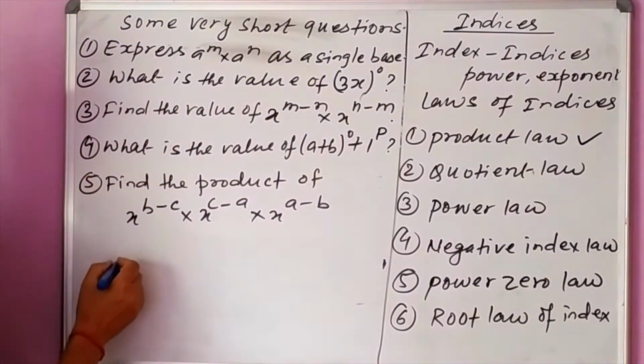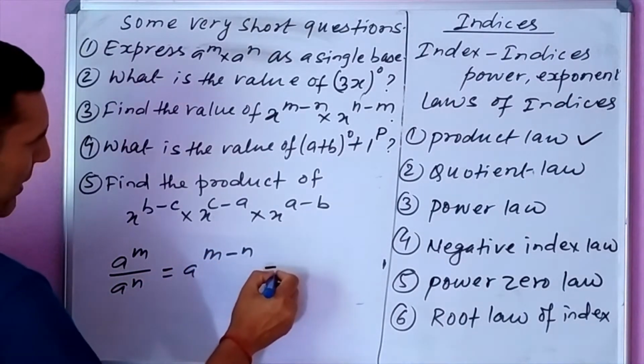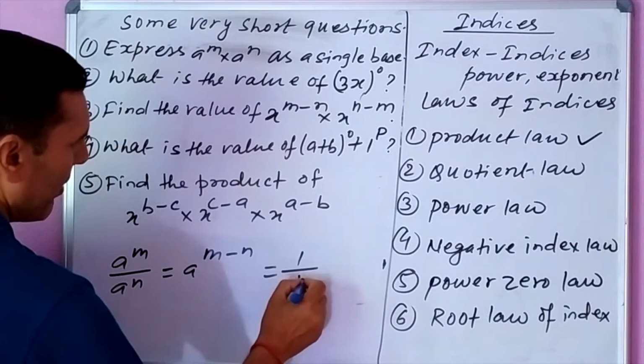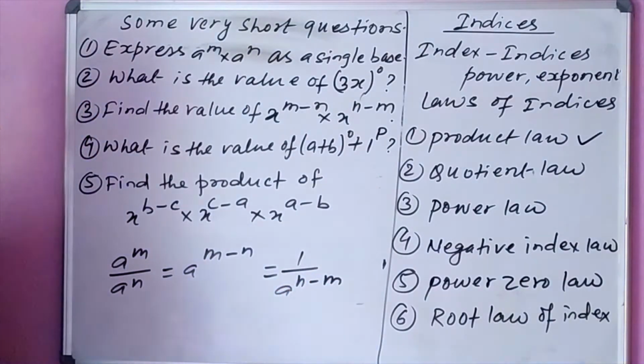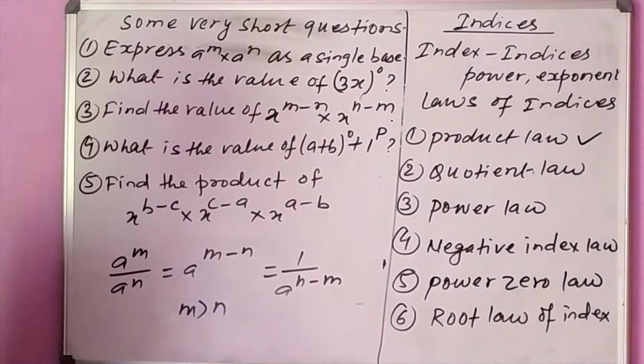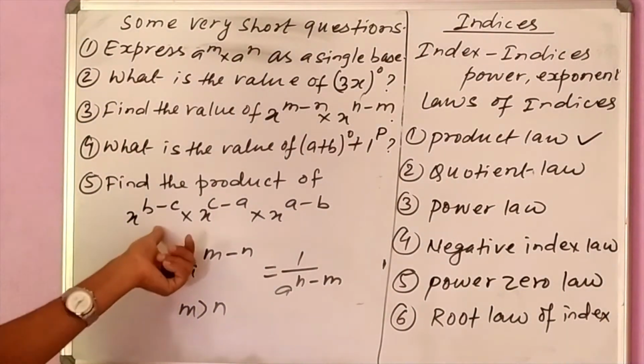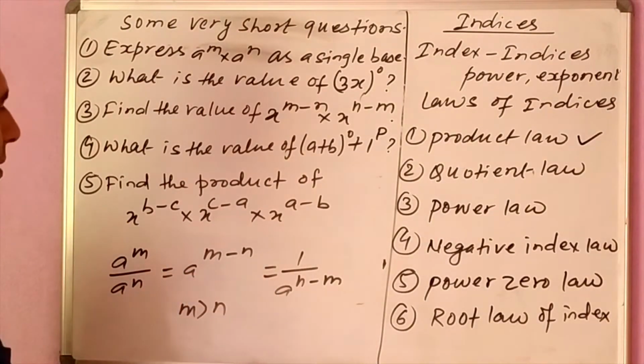In general, we write a to the power m upon a to the power n is equal to a to the power m minus n, or we can write 1 upon a to the power n minus m. If m is greater than n, to express the power in positive form, we bring this n to the numerator, making m minus n.